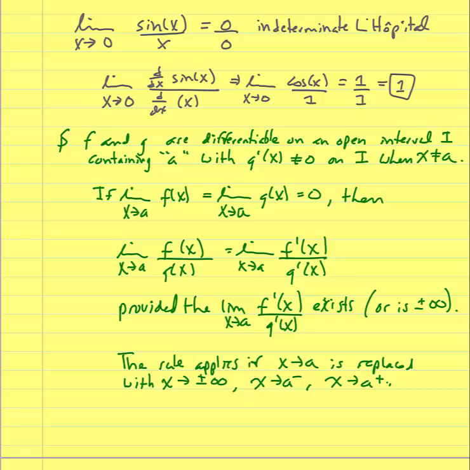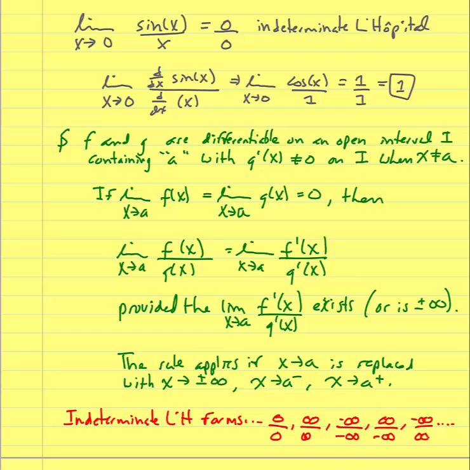But one other thing I want to add is that there are different indeterminate L'Hopital forms. They would include 0 over 0, infinity over infinity, negative infinity over negative infinity, positive infinity over negative infinity, and negative infinity over positive infinity.